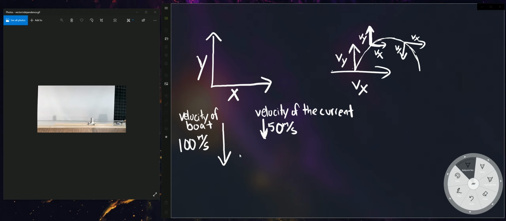When you add both of these vectors together, you get 150 meters per second in the south direction. But this is only true if they're both acting in the vertical direction. I can only do this if they both act in the same direction, 100 plus 50.